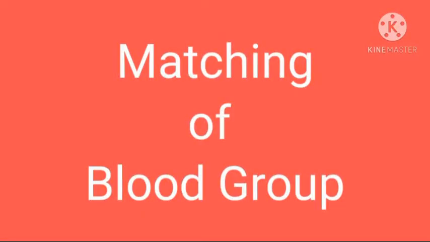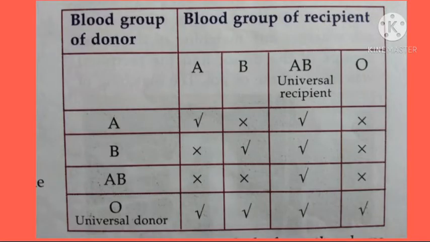Now our next topic is the matching of these blood groups, called blood compatibility. Matching of blood groups under the ABO system for donation is done as follows.